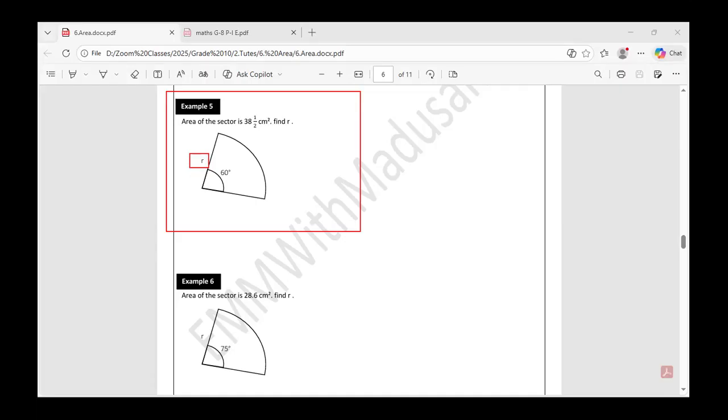Ritik is saying it is 8 centimeters. I do not know whether that is correct or wrong. However, he has sent me the answer.